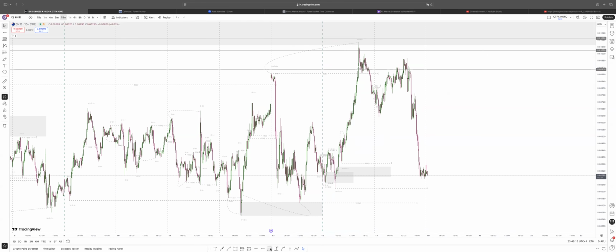By that, I basically mean price is just going to go back to the point of origin of those two highs. Those two highs started from this place here. So price is going to come back to take that low out. So we're expecting price to take out this low, first of all this low, and then secondly this low.